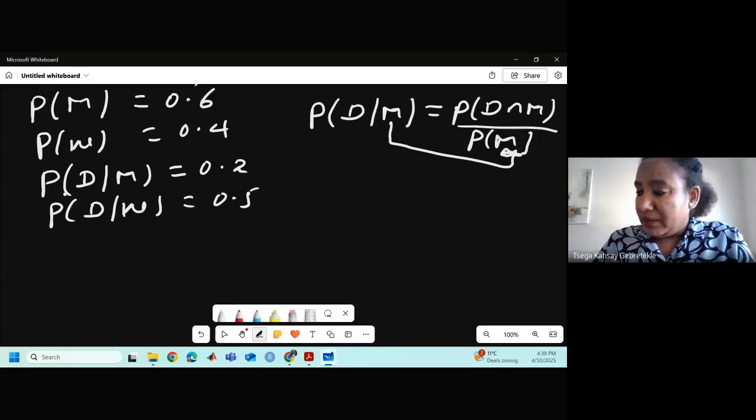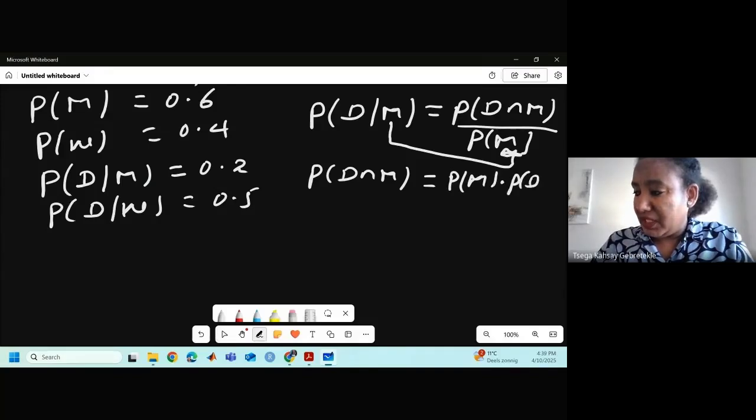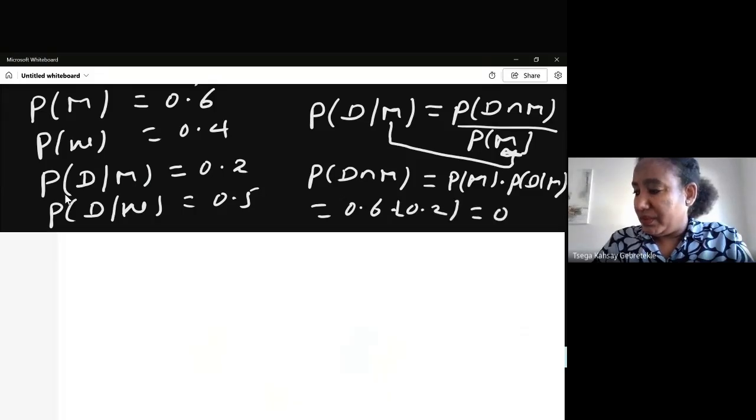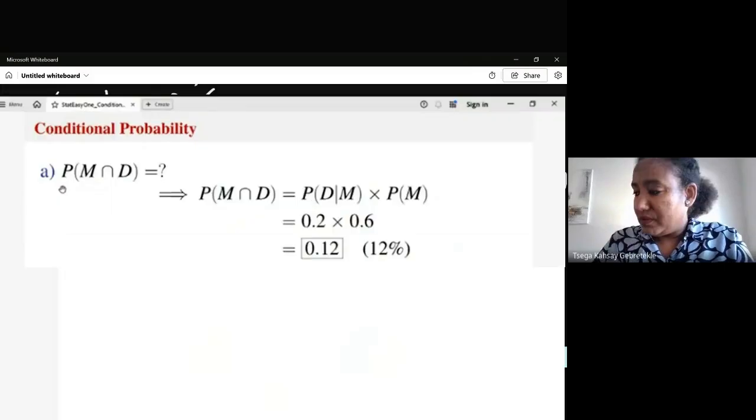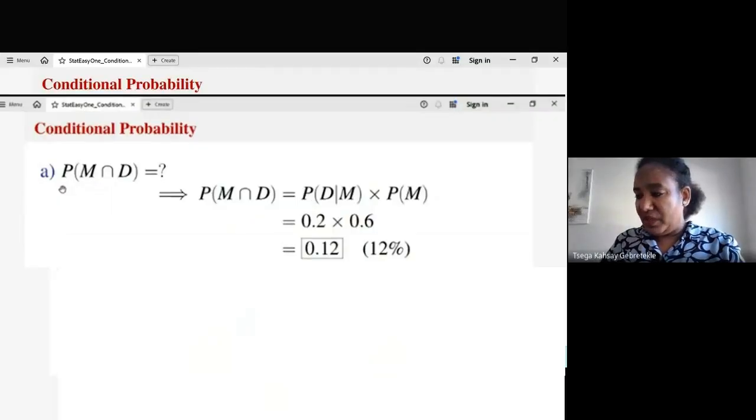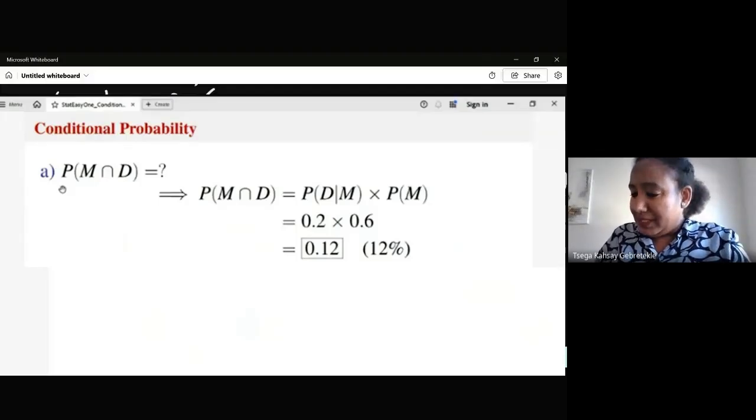To calculate the probability of D intersection M, we can use cross multiplication: the probability of M times the probability of D given M. That is 0.6 times 0.2, which is 0.12. So A is 12%.